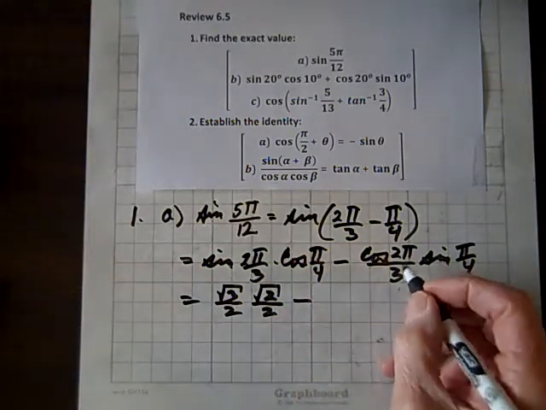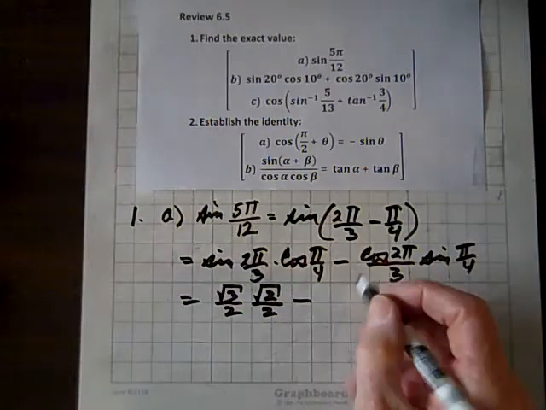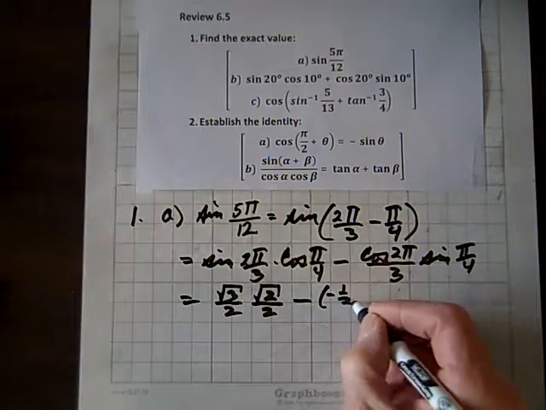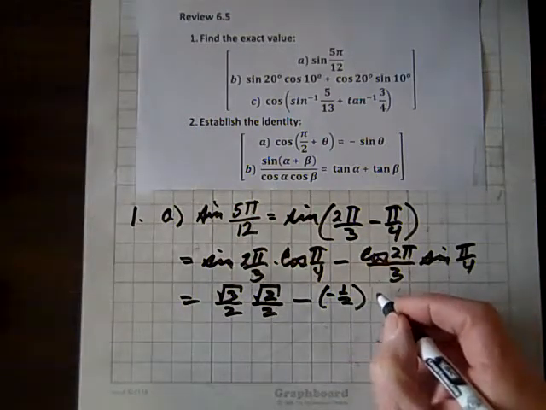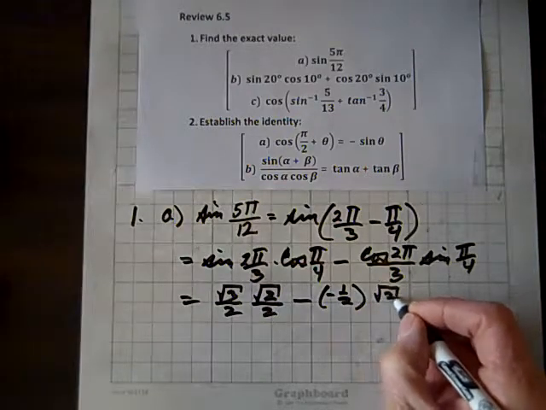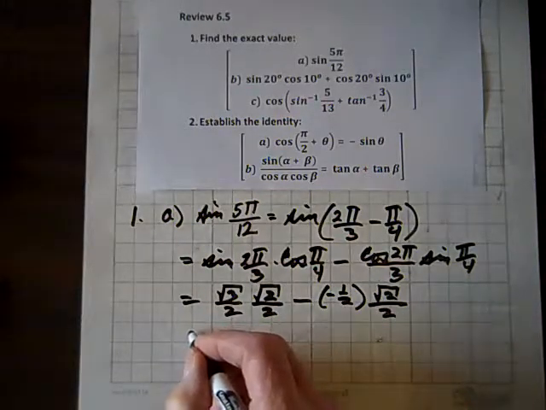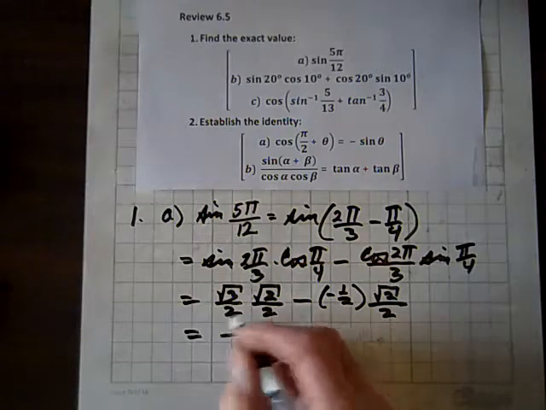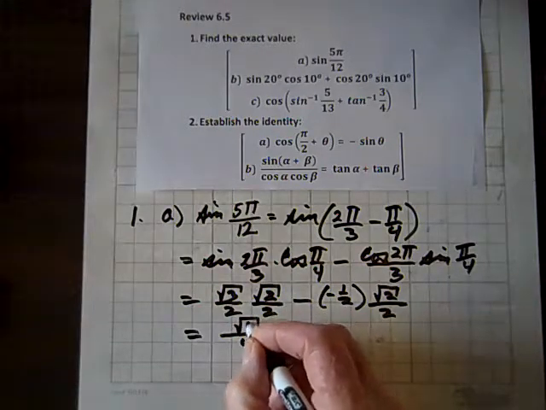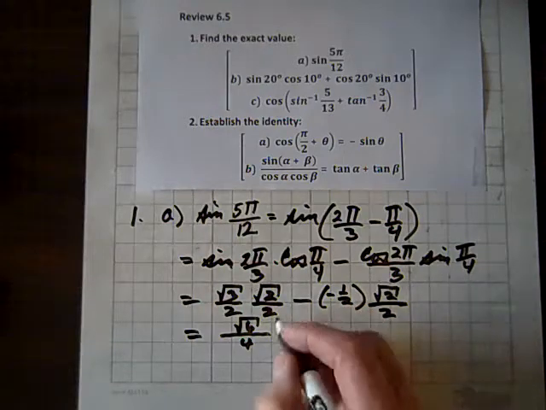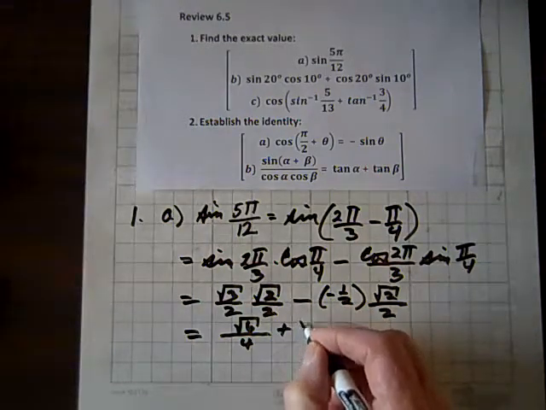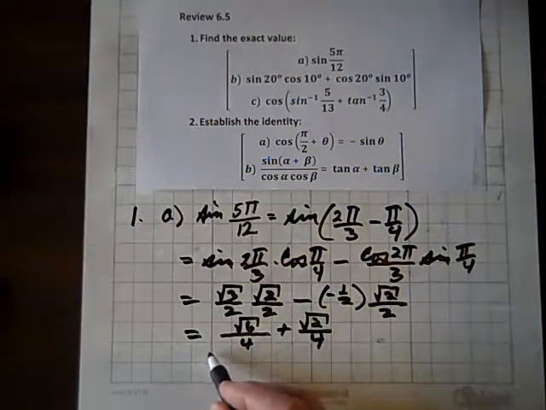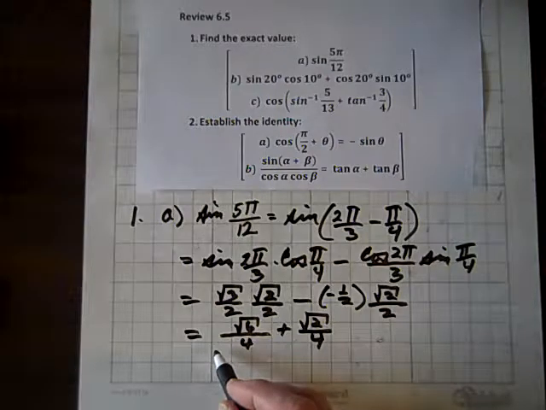And now minus, and the cosine of 2 pi over 3 is, excuse me, negative 1/2. And the sine of pi over 4, when you rationalize the denominator, is root 2 over 2. So now, multiplying, we get 4, and root 3 times root 2 is root 6. And a minus times a minus is a plus, and we get root 2 over 4. And there's our answer. There's no way to simplify that.